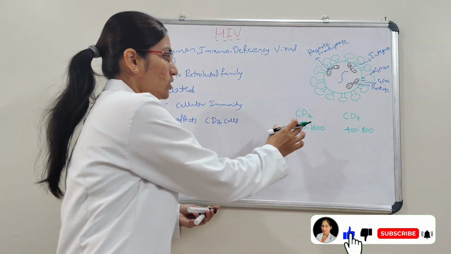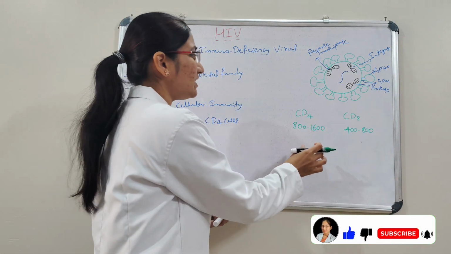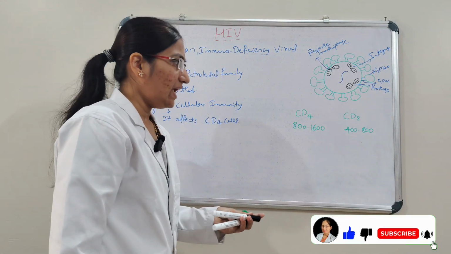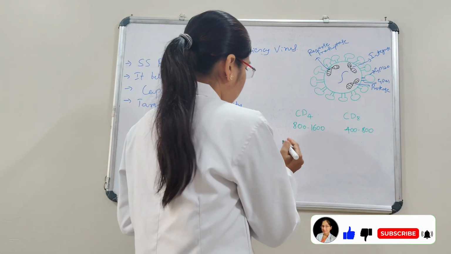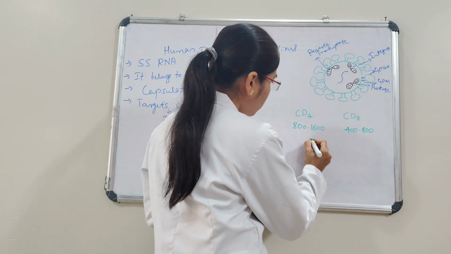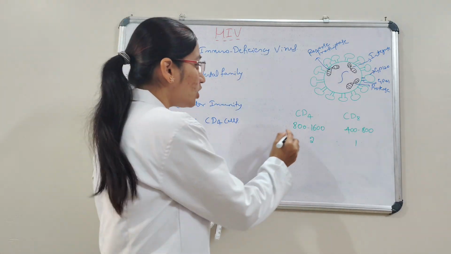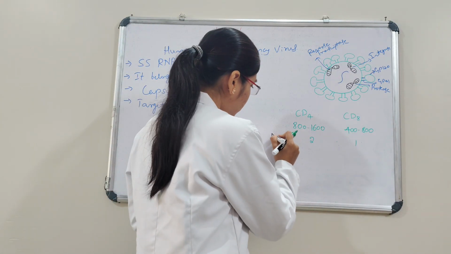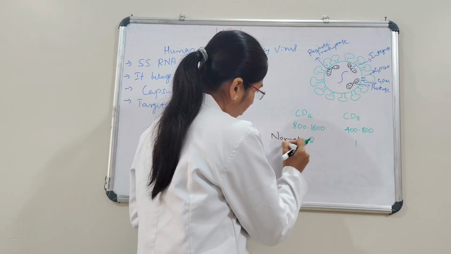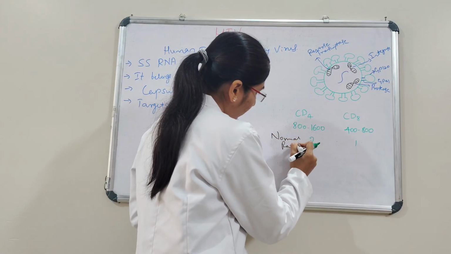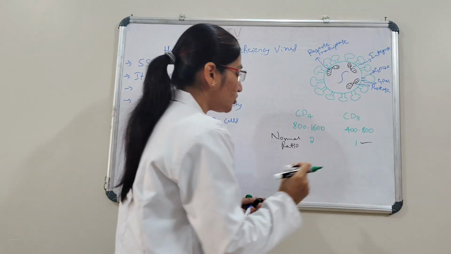This is the normal range. The ratio is 2 to 1. Normal ratio is 2 to 1.